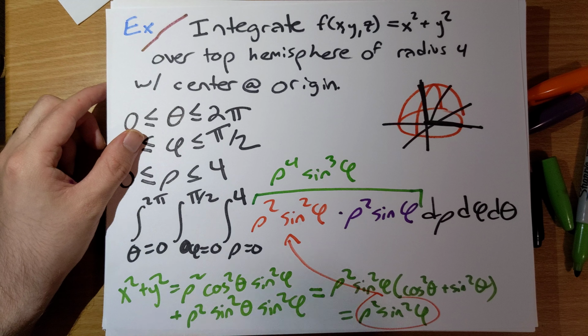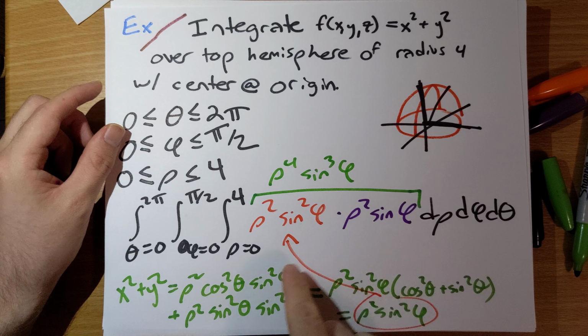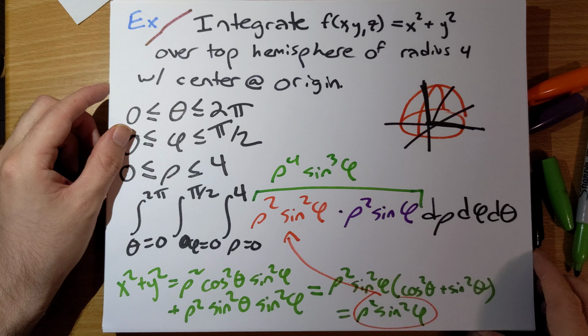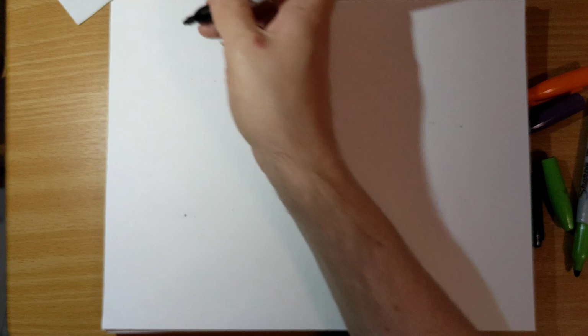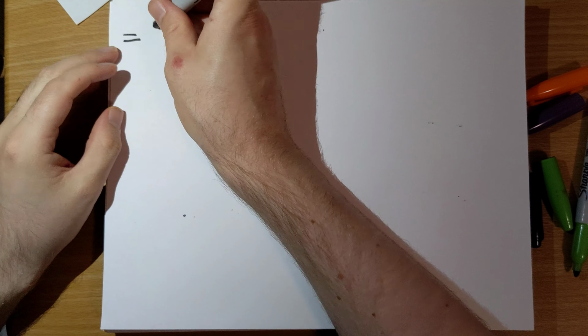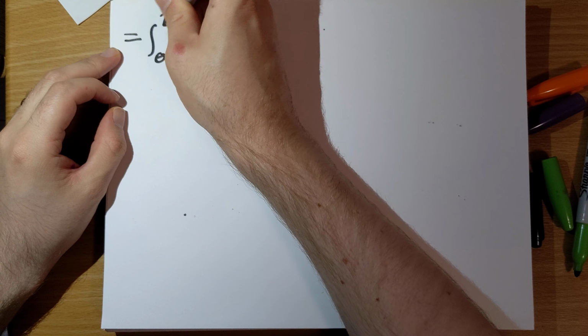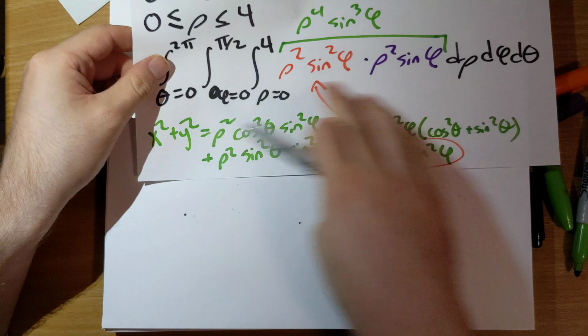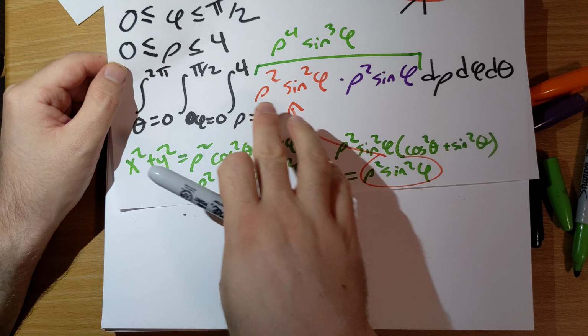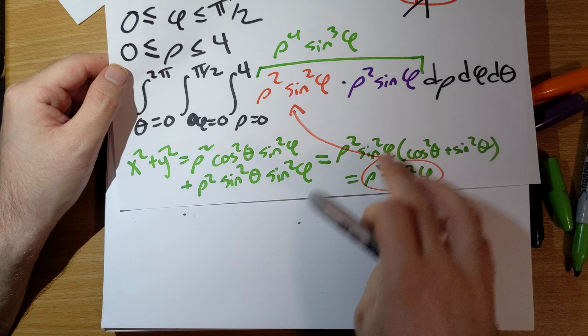And once again, this integral is going to factor out as a product of 3 separate integrals. So theta runs from 0 to 2 pi of d theta. The rho bounds don't depend on theta and phi.